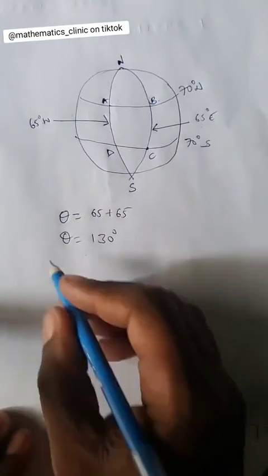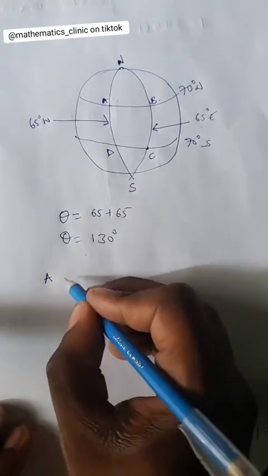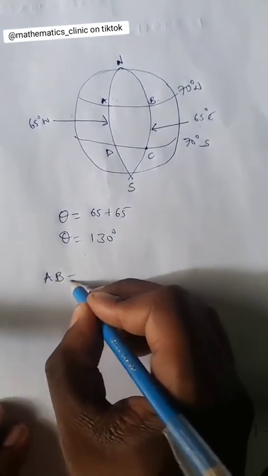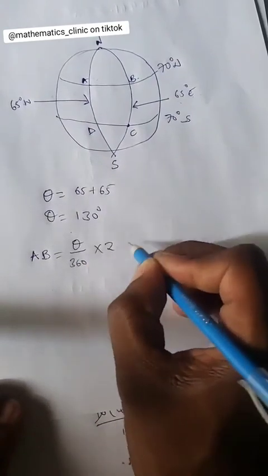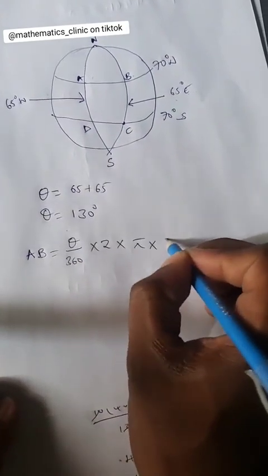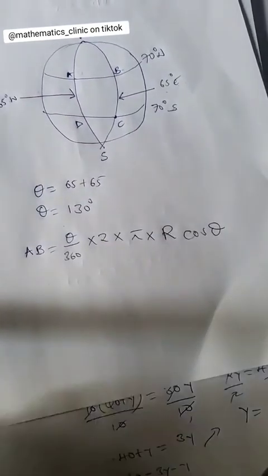Now we use the formula for distance. Distance from A to B is equal to theta out of 360 multiplied by 2 times pi times the radius cos theta. Why are we saying cos theta?